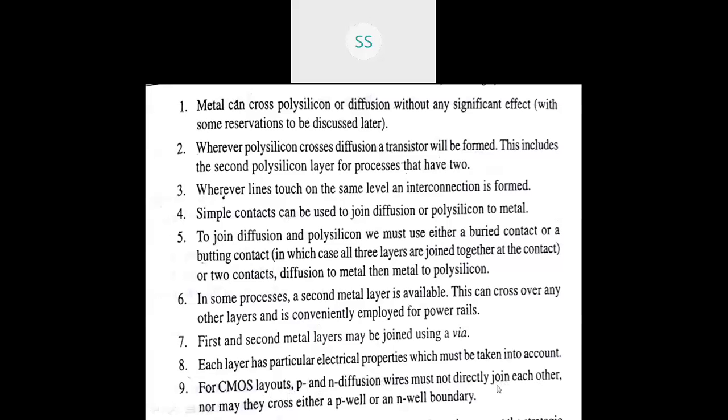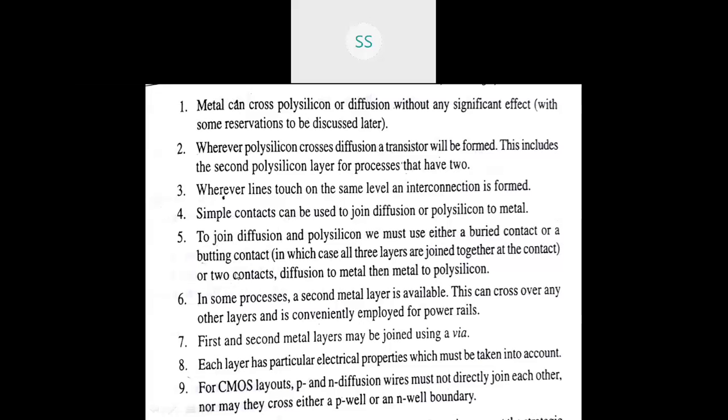They can be neither directly joined nor may they cross either the P well or N well boundary. That's why they have to be separately placed. Whenever CMOS layouts are involved, P devices and N devices have to be kept separate. These are some of the considerations that should be made use of whenever the entire floor plan is represented in the form of the stick diagram.